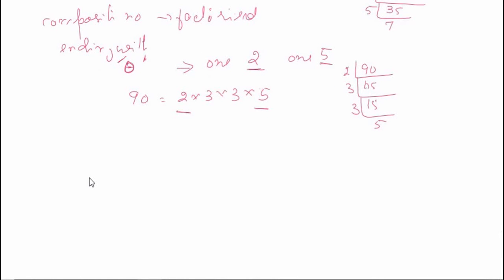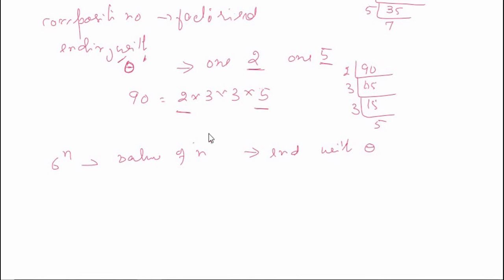This will help in solving some problems. Let us take 6 to the power n. The question here is: is there any value of n for which, if you simplify the number, it ends with 0? Just looking at it, you may not be able to say.